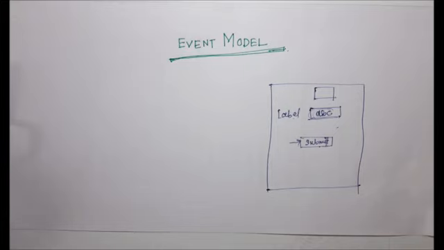So right now we know what an event is. We now know what an event source is. An event source is also an object that generates an event. The source is an object that generates an event. It occurs when the internal state of the object changes in some way.